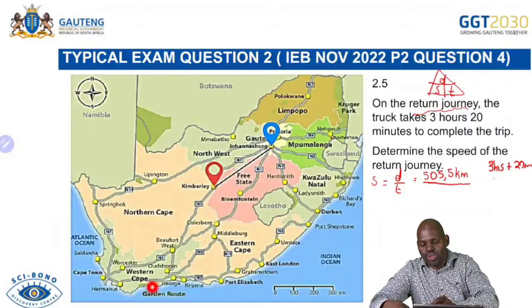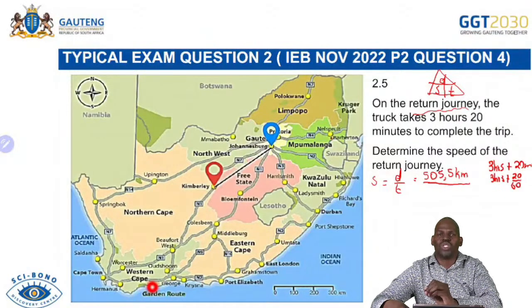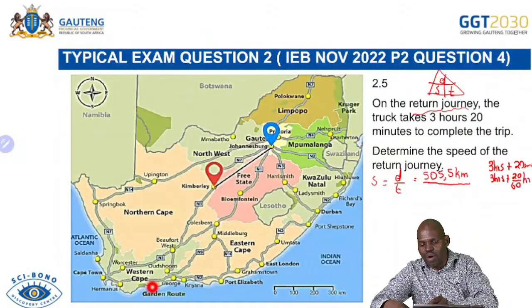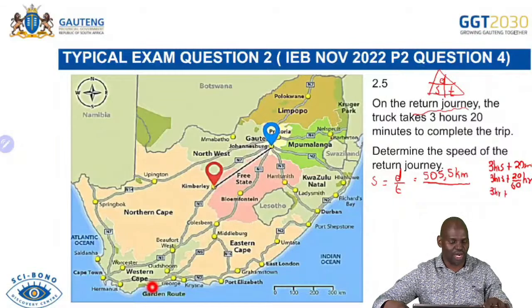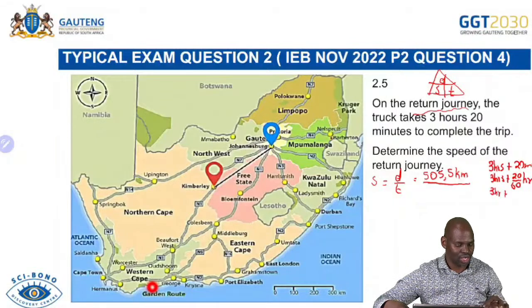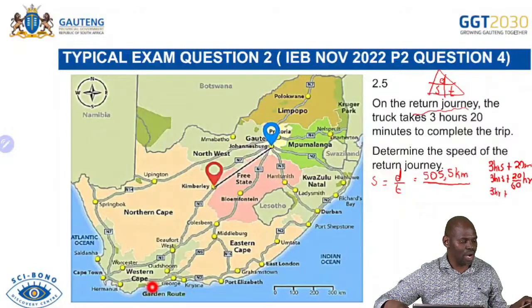So what we do is we say 3 hours plus 20 divided by 60. Once we divide by 60, it becomes hours. So that will give us about 0.33.